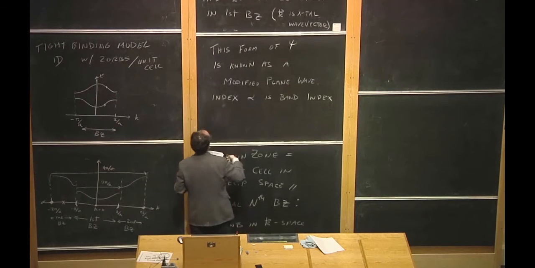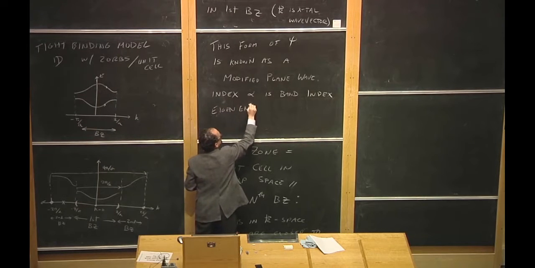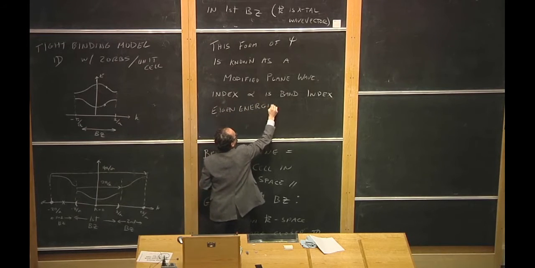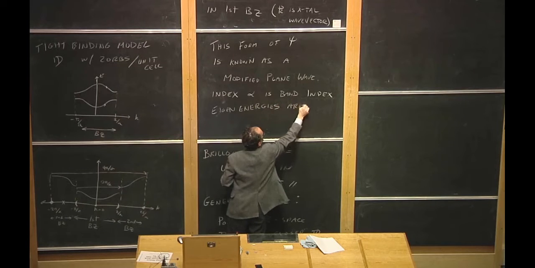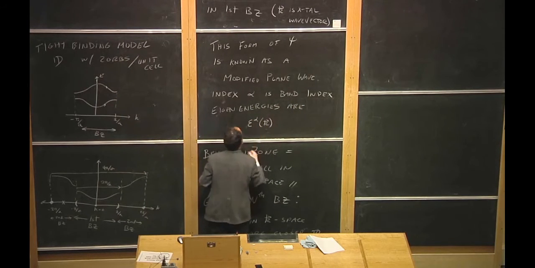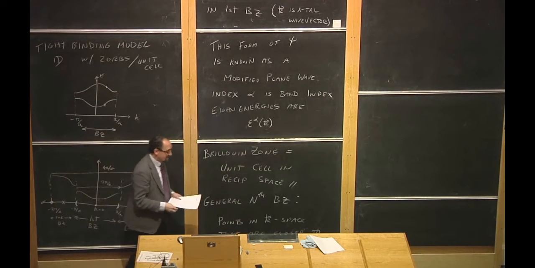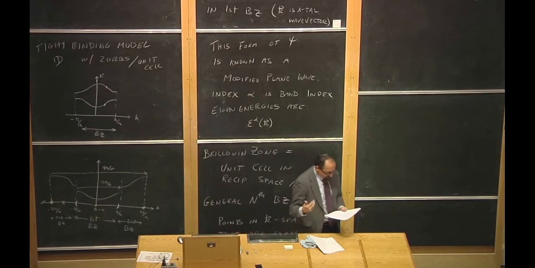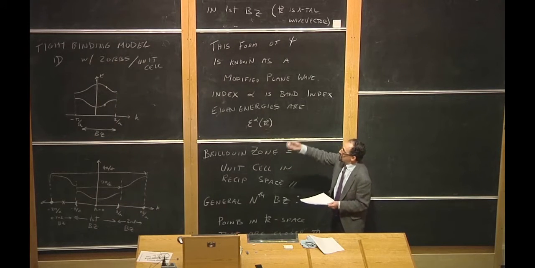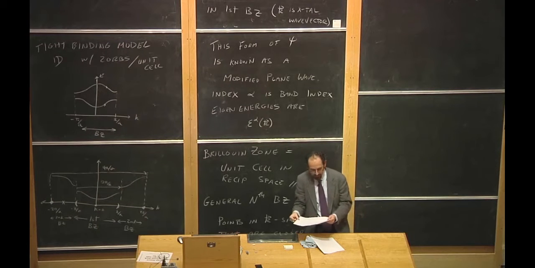So the eigenenergies are E superscript alpha of k. So E1 and E2, depending on which band we're talking about, which energy level, the lowest or the next lowest or the next lowest, and so forth.